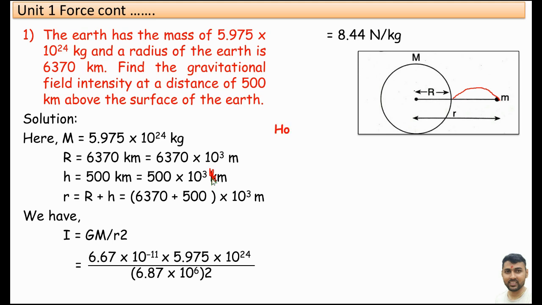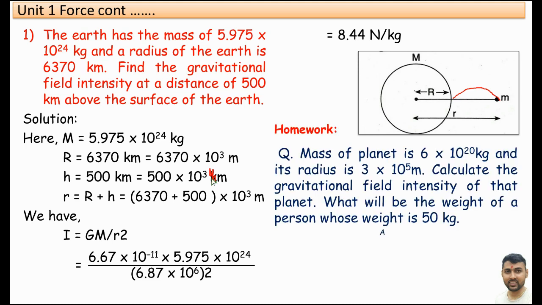The total gravitational field intensity is equal to 8.544 Newton per kg. Newton per kg is the unit of gravitational field intensity.